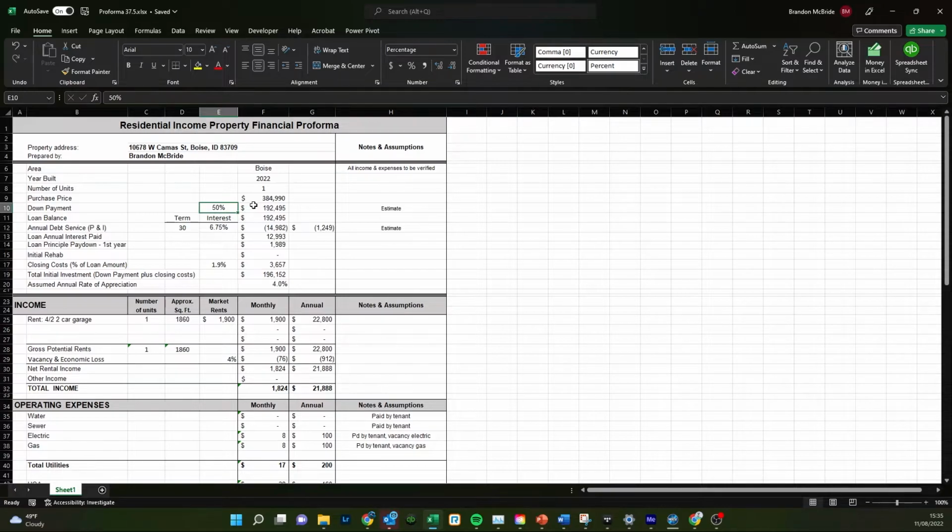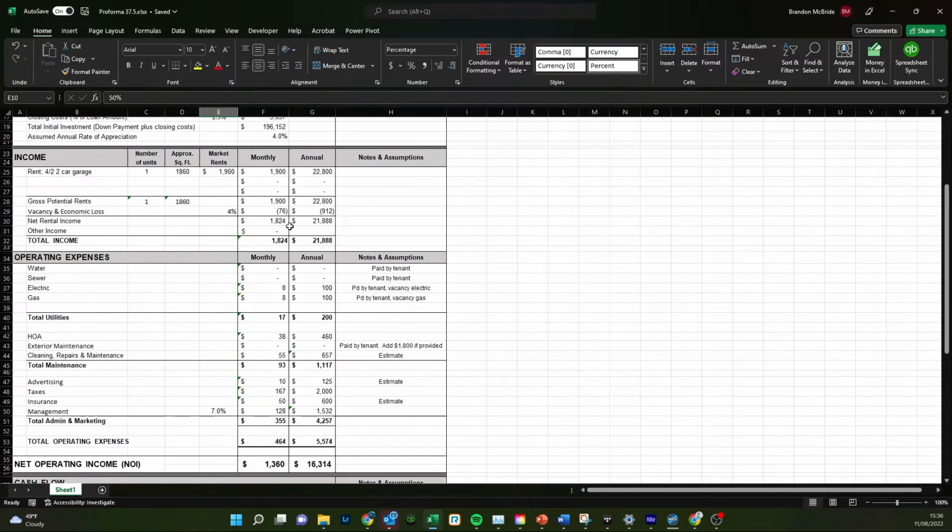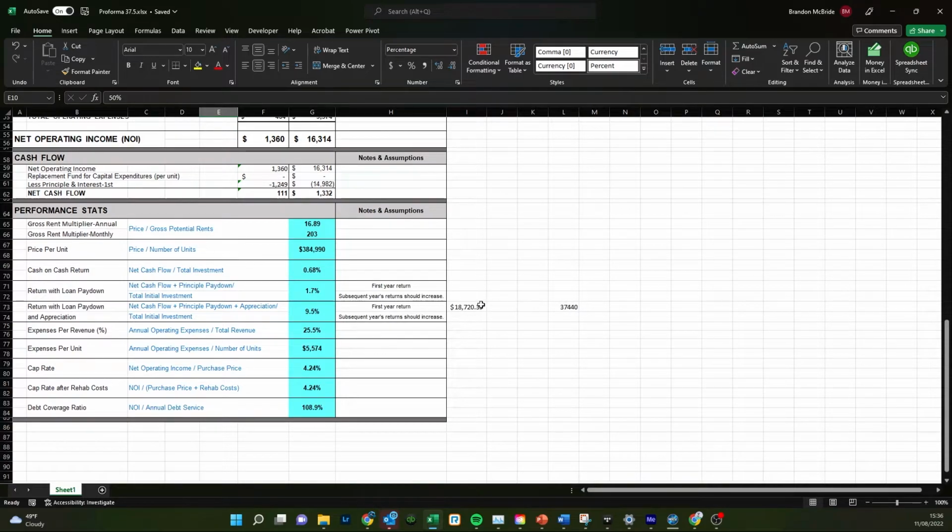We're only putting down $192,000, which means we have the other half that we can use and buy a second property. And so if you take this out and look at this, now you can see we're making $37,000, which is more than the $31,000 that we were making on just one property, right?